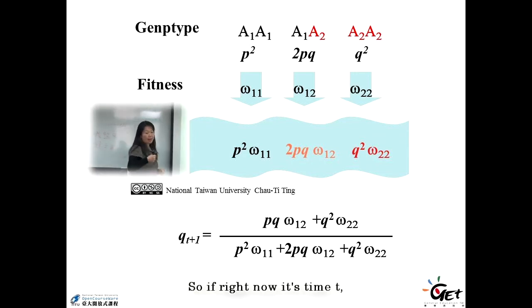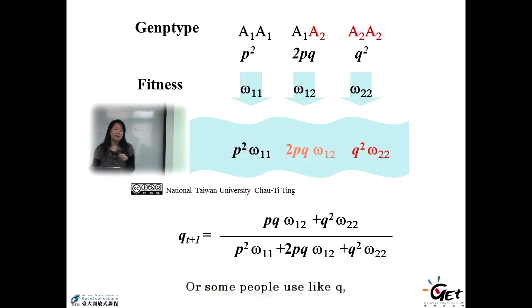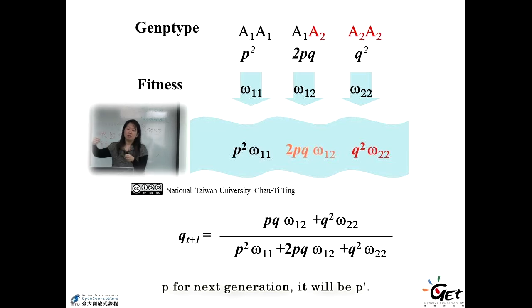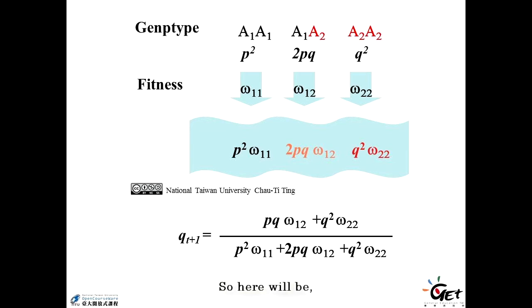If right now it's time t, then after selection is time t+1. Some people use Q prime for the next generation Q, and P prime for the next generation P.